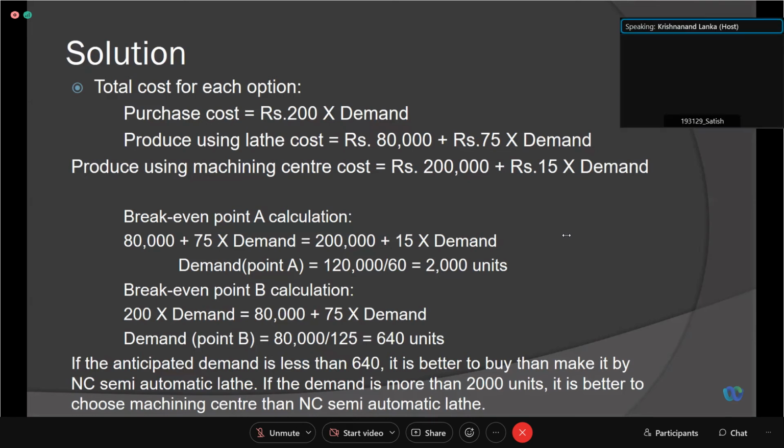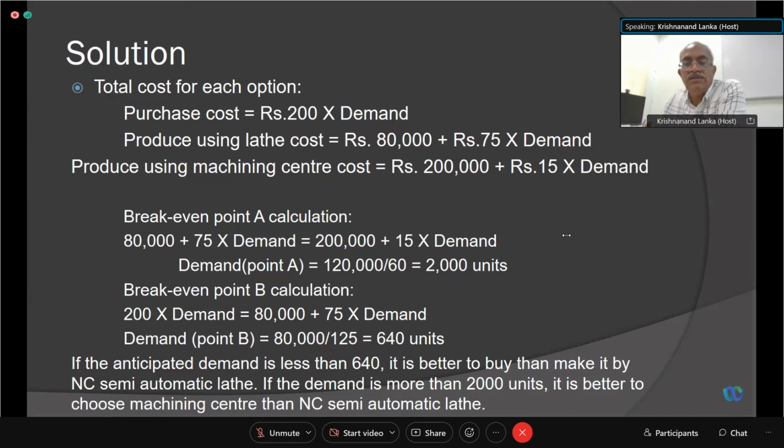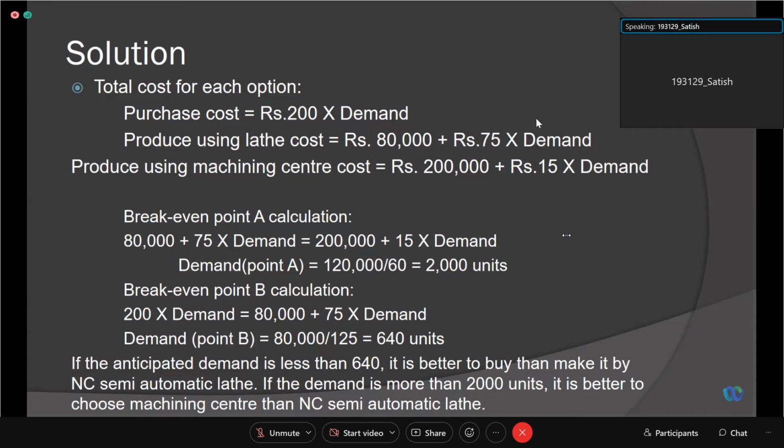Okay, so that is how you solve this. That is how you make a decision between which one is the best one, right? Sir, we use the lathe only when it is more than 640 but less than 2000, no, sir?